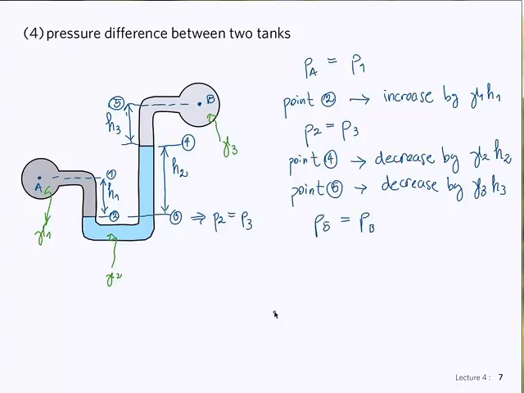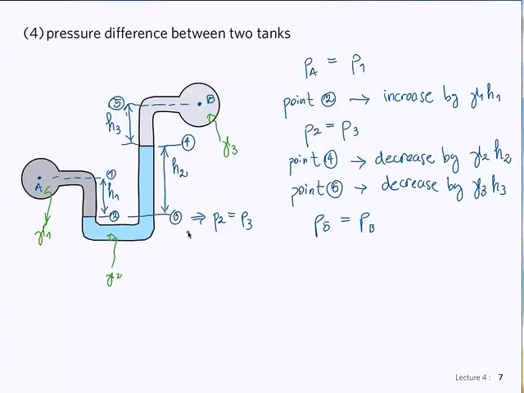And so you see now what we've done is actually just follow from point A to point B and appropriately add or decrease pressure according to the differences in elevation each step of the way. This is how you solve the manometer problems in general.